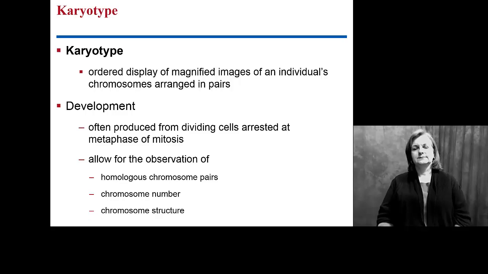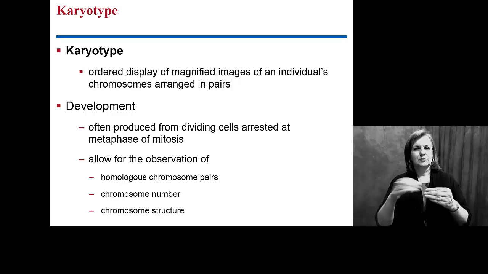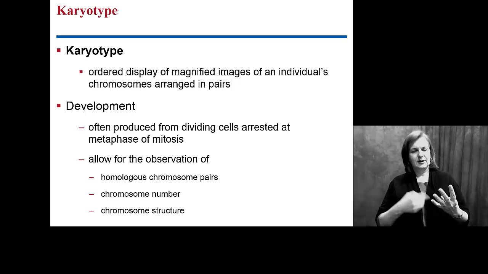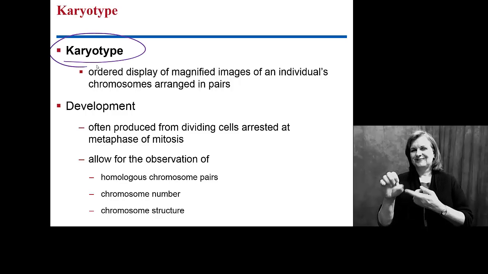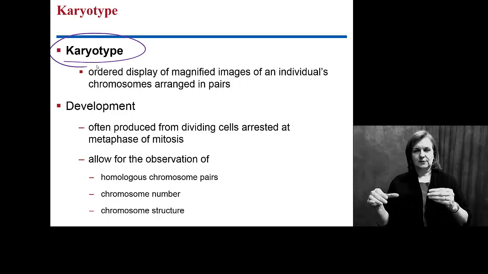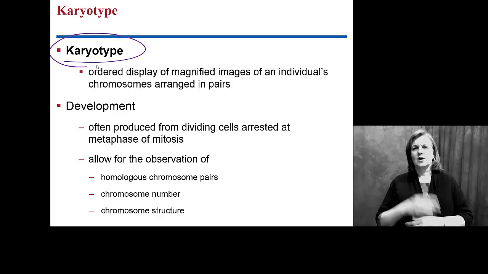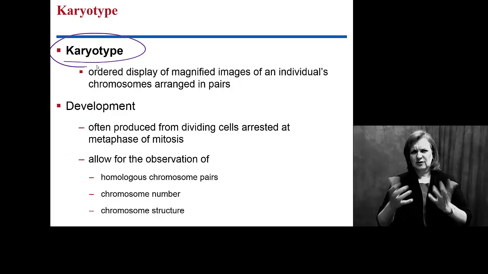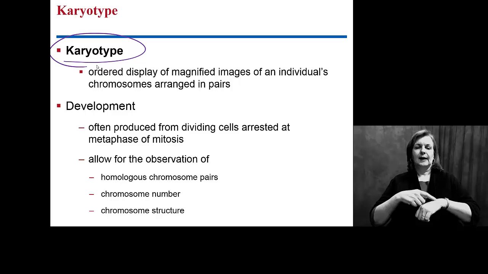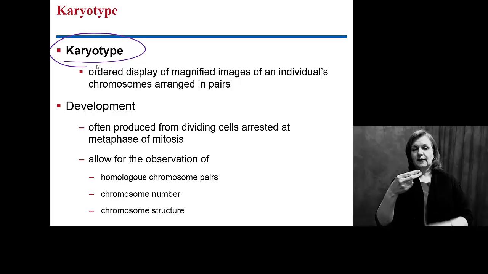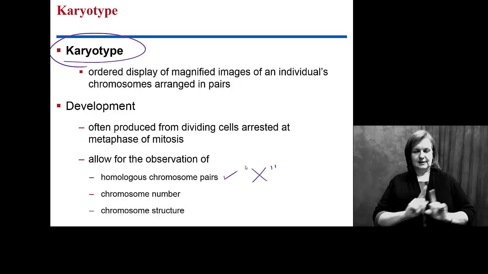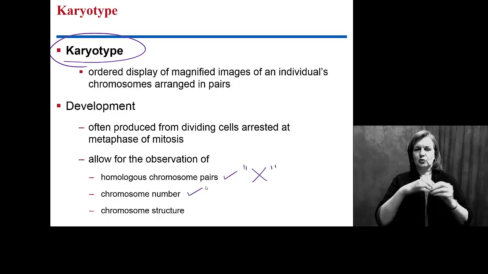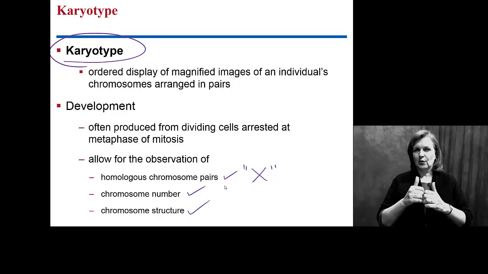When we look at differences in chromosomes, I mentioned to you this word karyotype before, and it's essentially a picture of your chromosomes. So when we look at this picture of your chromosomes, what are we looking for? Well, most of the time we are just looking to make sure that the homologous chromosomes are pairing up correctly, so you get X's, that the proper chromosome number is there, and that the proper chromosome structure is there.